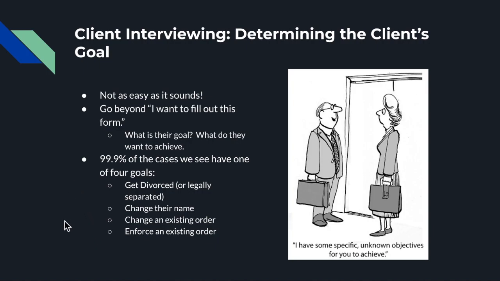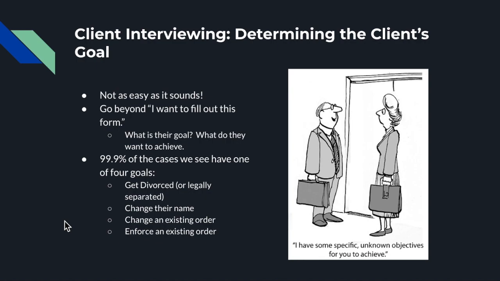Sitting here watching this video, that seems very simple, but it really is a bit more art than science. It can be a struggle to narrow it down to one of those four things. But that's always your goal. In an ideal world, you want to be able to say, they want to change their child support order, or they want to enforce their placement order.